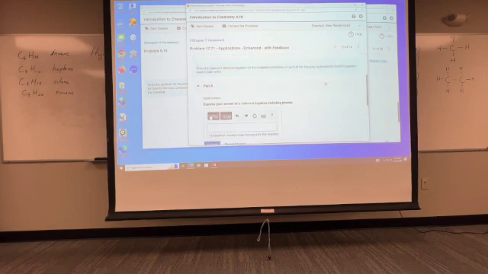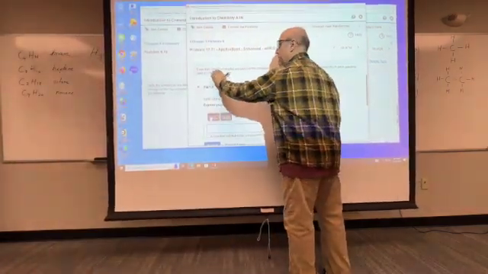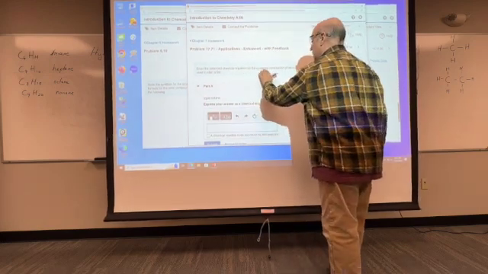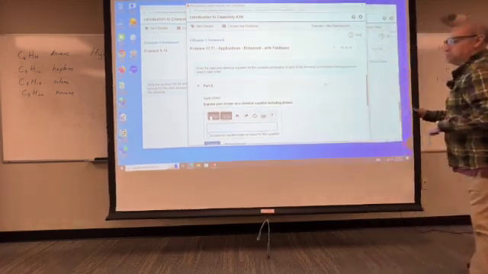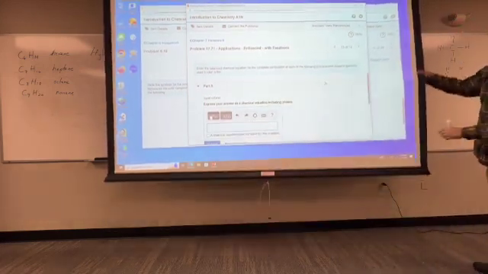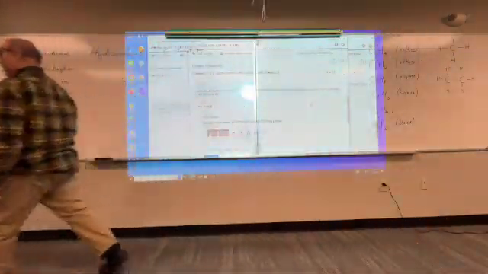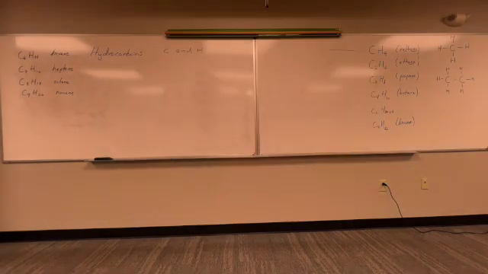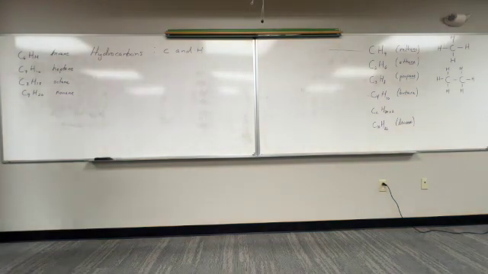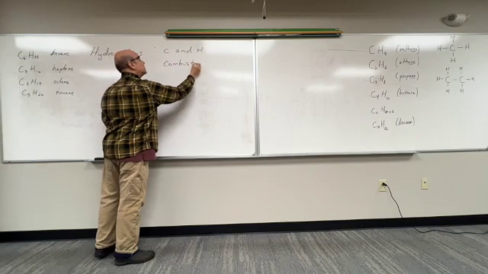So what they want is, in this problem, they want you to write, and this is key, you guys, a balanced chemical equation for the complete combustion of the hydrocarbons. So let's break that apart. What does that mean in plain, simple English? What does the complete combustion of something mean? So here we have a new word, combustion.